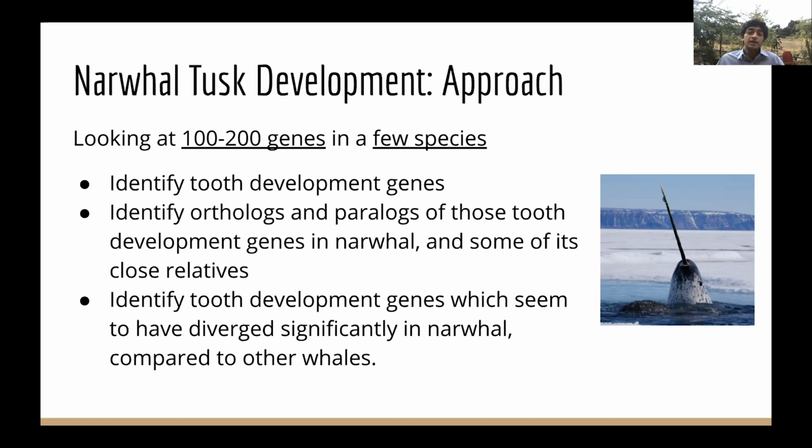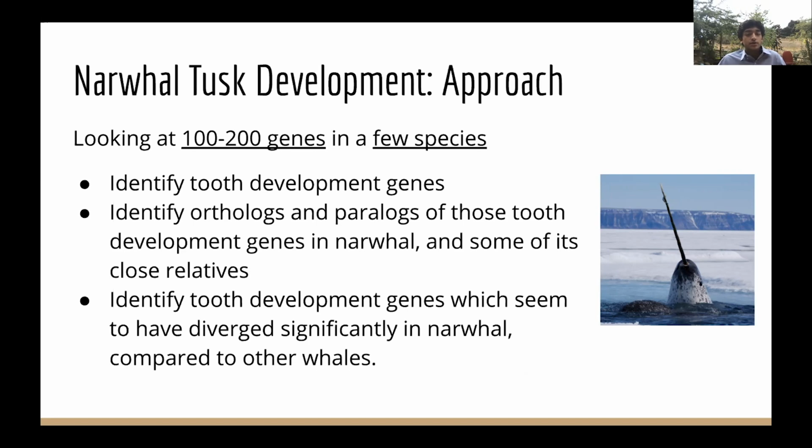If we want to think of it again in a step-by-step way, we first want to identify tooth development genes, and then we want to find what are called orthologs and paralogs of those tooth development genes. Orthologs are the same gene in 2 separate species that have the same function, which means they evolved from some ancestral parent gene, right? And then a paralog is kind of the inverse of that.